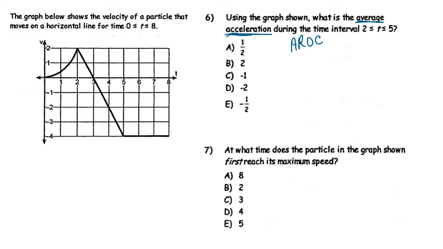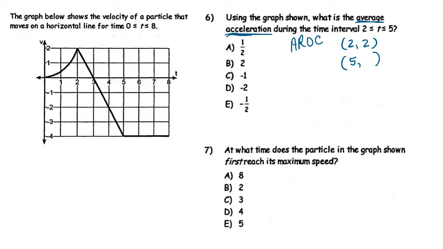So for AROC, that's going to be your slopes, and so we need to find our ordered pairs. We have 2 something and 5 something, and we're going to get those from the graph. So at 2 we have a positive 2, and at 5 it looks like we have a negative 4.